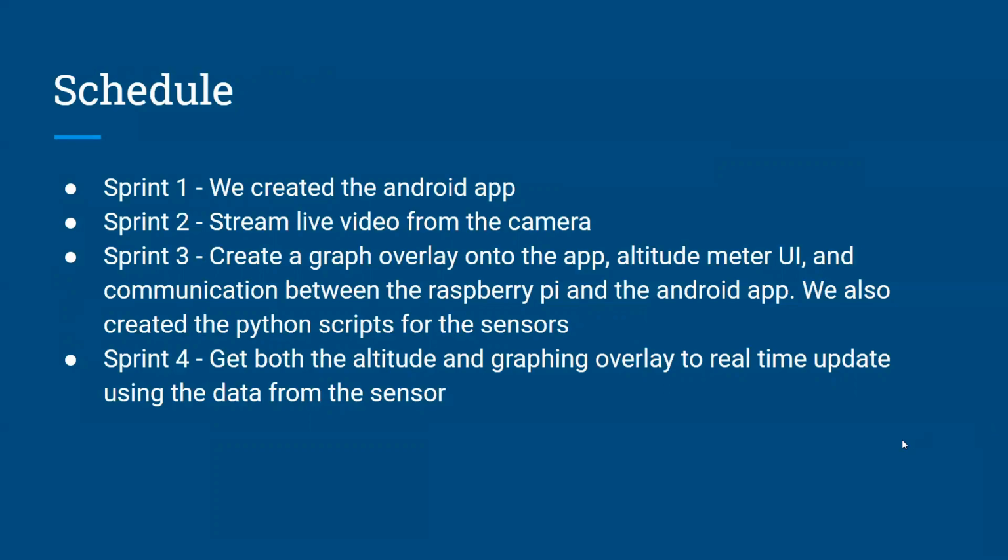On the Raspberry Pi, we created a couple of Python scripts to get the collected data from the sensors and send that over to the Android app. Then for sprint 4, we got both the altitude meter and the graphing overlay to start updating in real time with data that's being collected from the sensor on the Raspberry Pi.